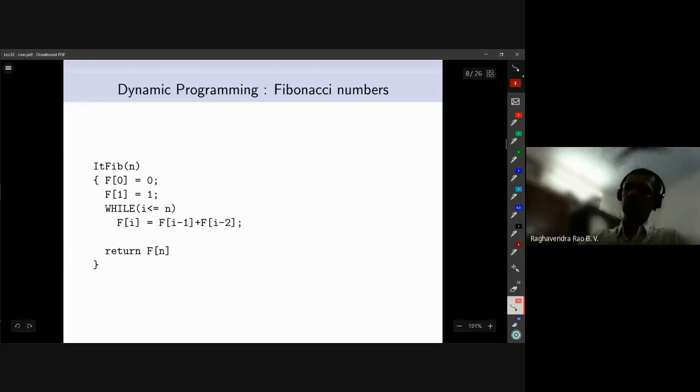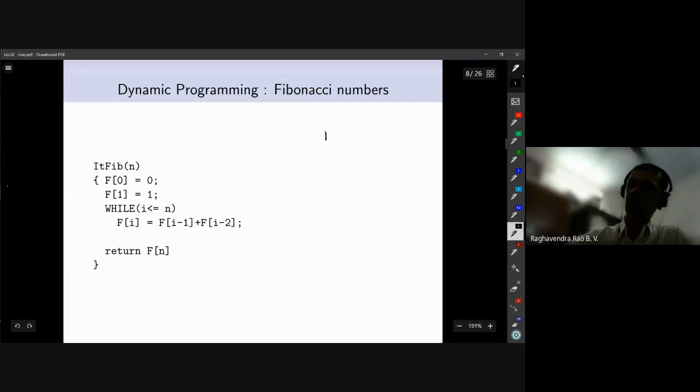You start with the index i equal to 2, while i is less than or equal to n, you set f of i to be f of i minus 1 plus f of i minus 2. I haven't put the increment here because this is not a full program as such. So you compute it iteratively.